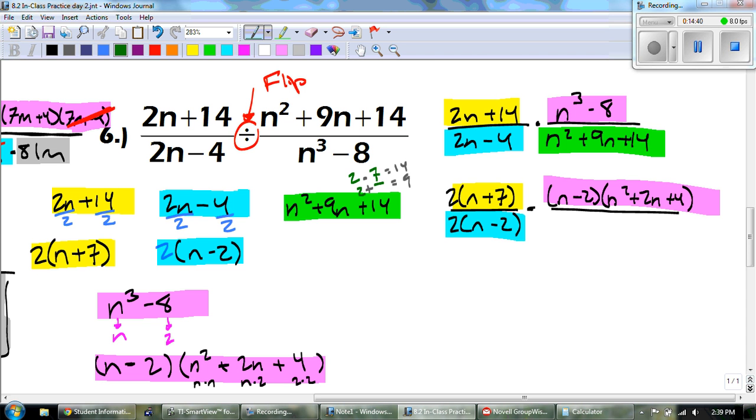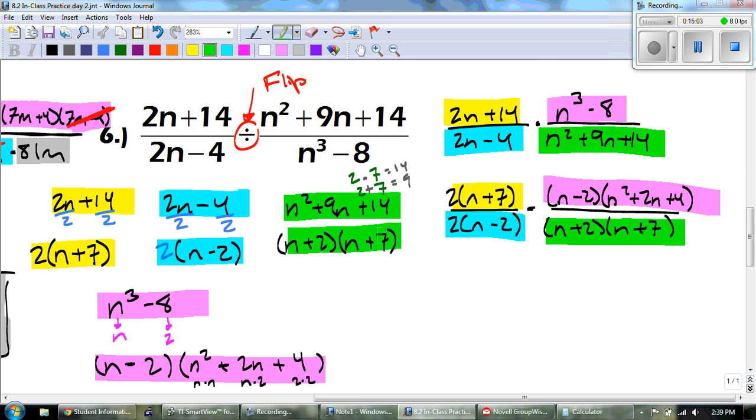And the thing that's nice about this one is our leading coefficient is 1, so I can do that shortcut. Okay? So we have n plus 2, n plus 7. Okay, and that was everything in the green.